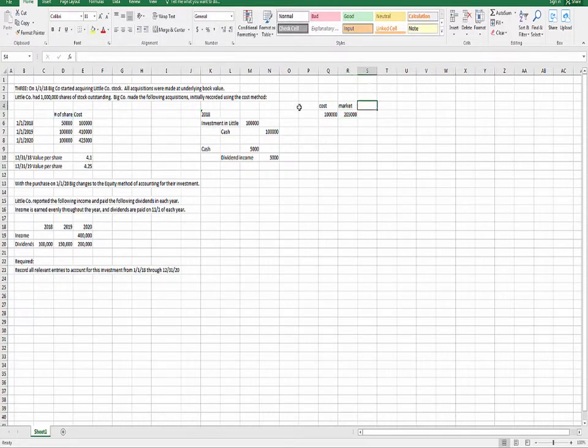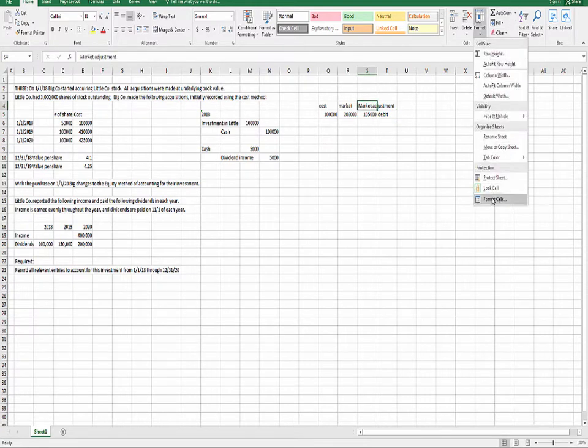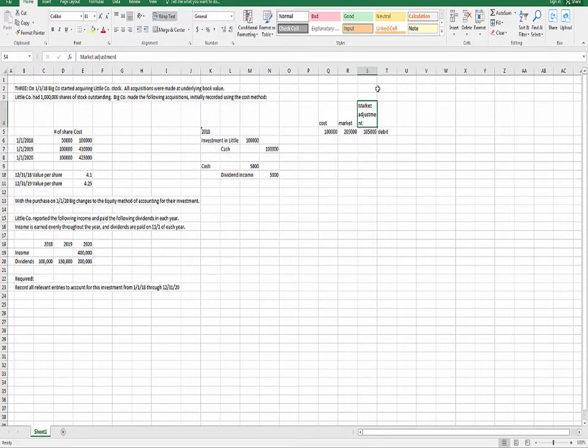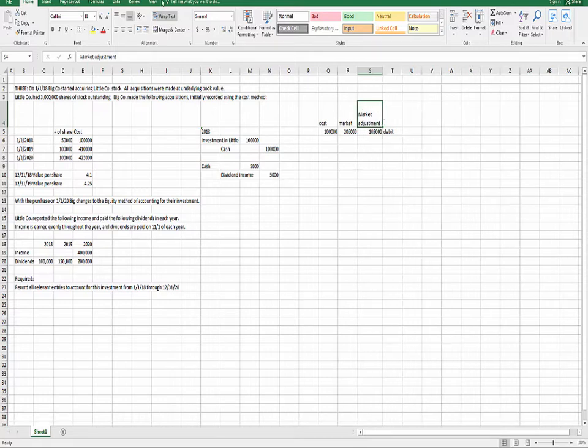So the necessary market adjustment balance is going to be $105,000, and that's a debit. The existing balance, let me go ahead and format this nice and neat. Okay, so our market adjustment, the desired balance is $105,000 debit.